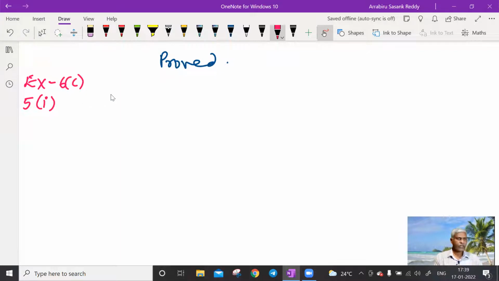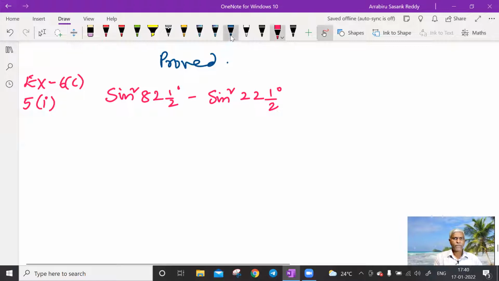Sin square 82 and a half minus sin square 22 and a half.